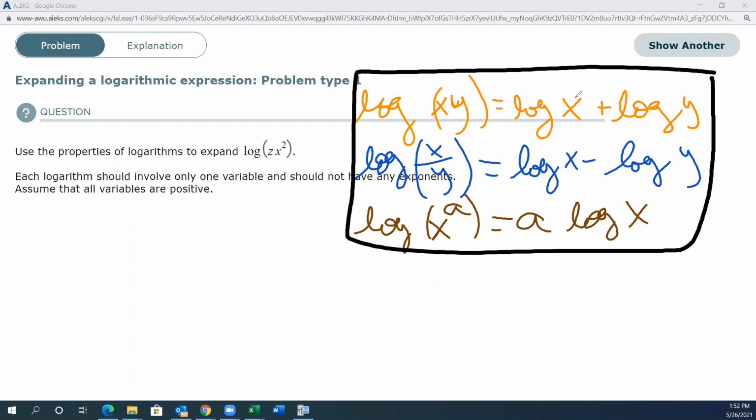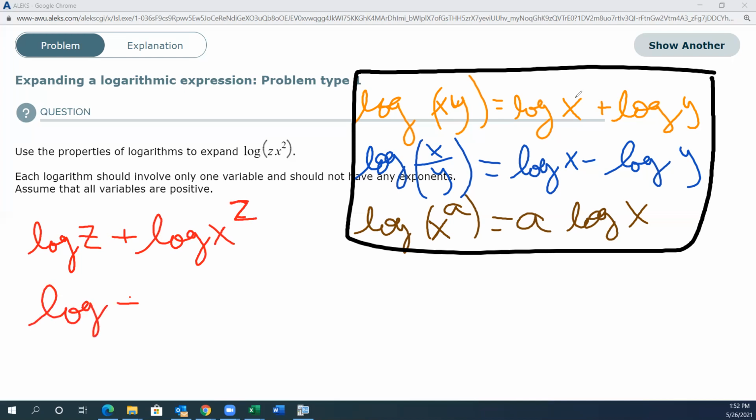So which rule comes first? Well, not everything in here is being raised to the 2 power, so I'm not going to do the power rule first. I'll do the multiplication rule. So that'll be log z plus log x squared. Now I can pull that 2 out. Oh, wait, I need the one. Let's see.